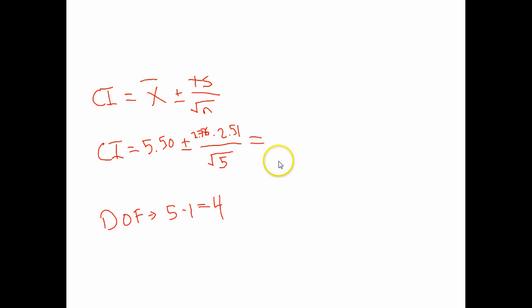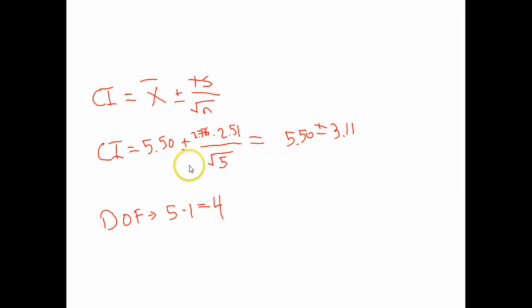This gives us our value, which is 5.50 plus or minus 3.11. So what does that mean?